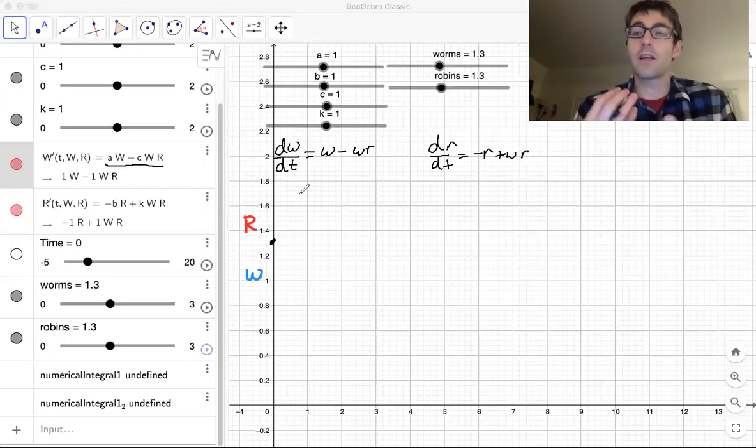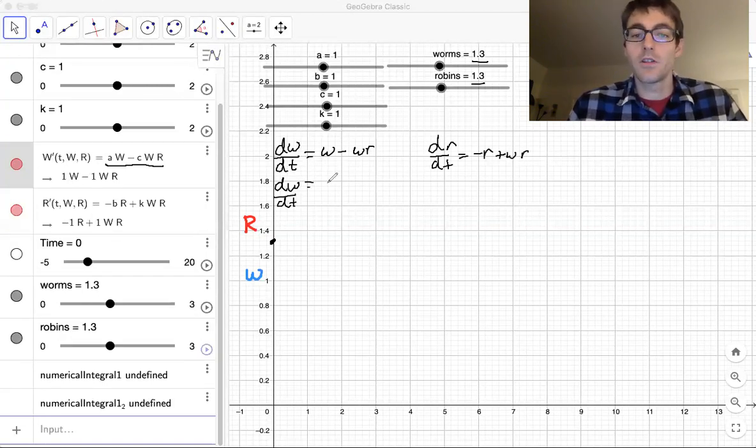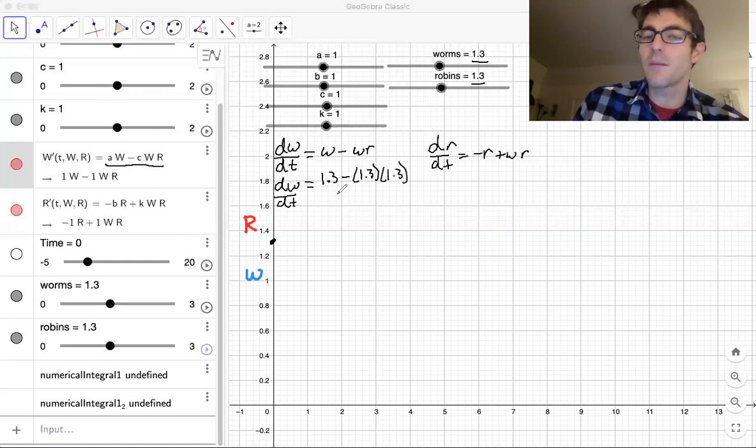So at our original t equals 0, we're saying we have 1.3 worms and 1.3 robins. So dW dt, the rate of change of our worm count, should be 1.3 minus 1.3 times 1.3. In other words, something negative.